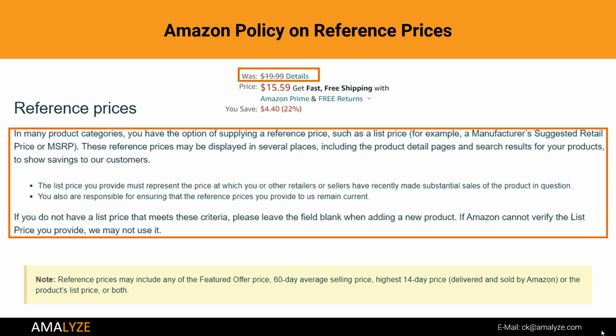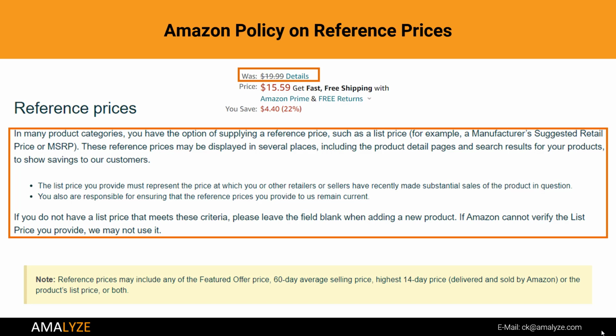You are also responsible for ensuring that the reference price you provide to us remains accurate. So you cannot upload it once. You may update it quarterly or definitely yearly, and you have to have a deeper look at that.